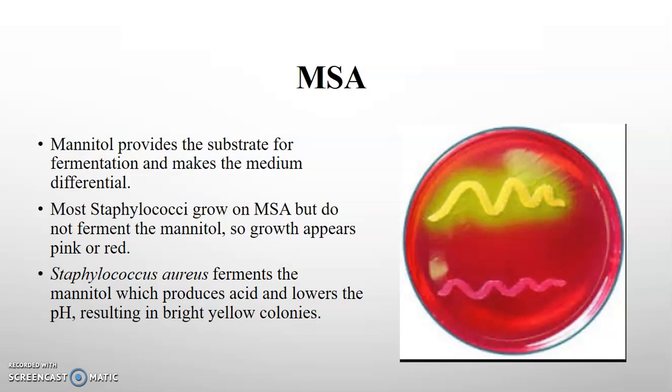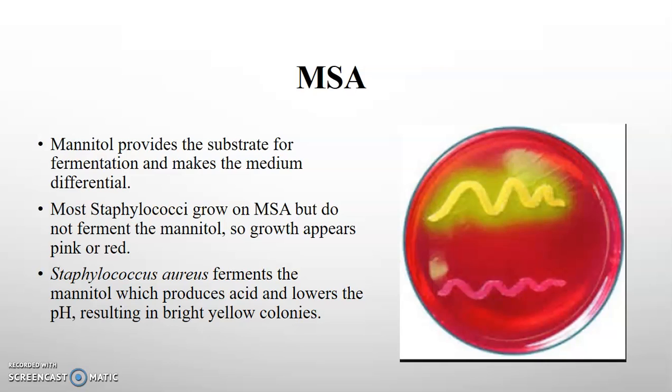our skin. So to just kind of summarize, mannitol salt agar plates are selective because they only allow Staphylococcus bacteria to grow. However, they're also differential because different types of Staphylococcus will grow different colors on the plate. If you're looking at a type of Staphylococcus that can ferment mannitol, it will grow yellow.